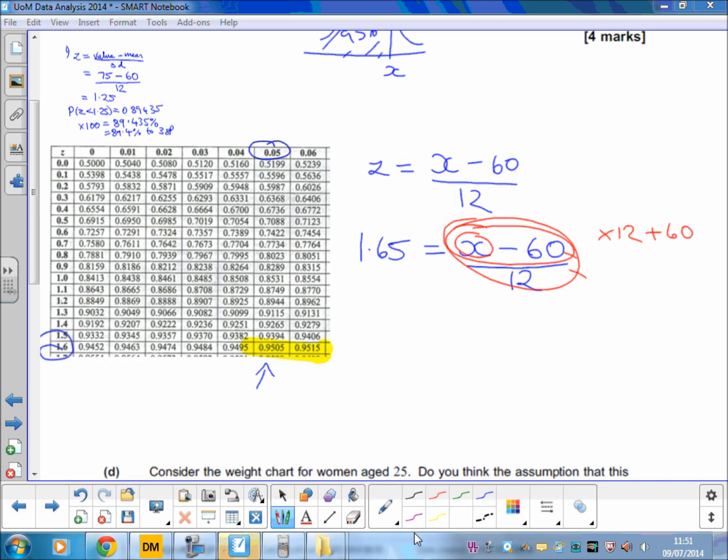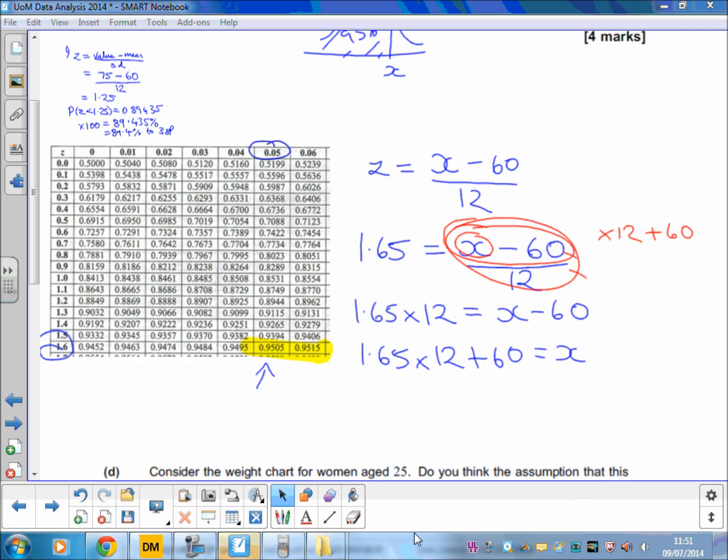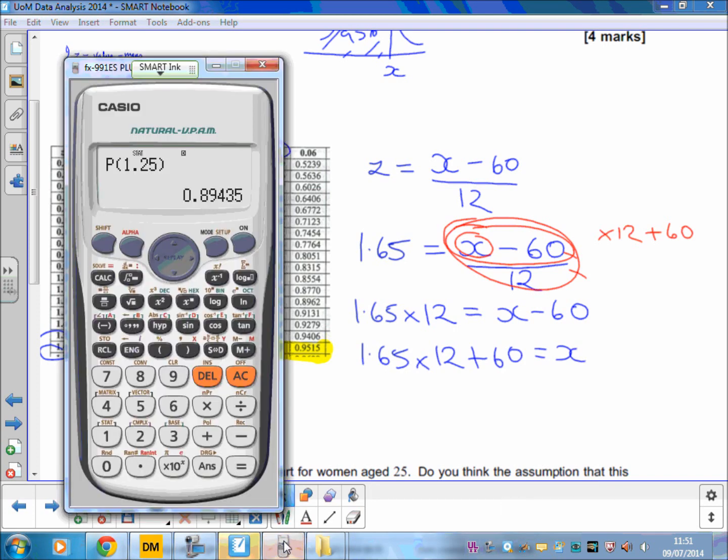So first of all, we're going to do 1.65 times 12, and that's X take away 60, and then we're going to add 60, so 1.65 times 12 plus 60 will give us our X value. So 1.65 times 12, add on 60, so 79.8.